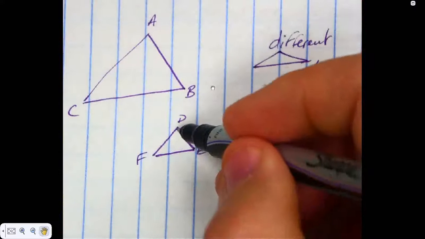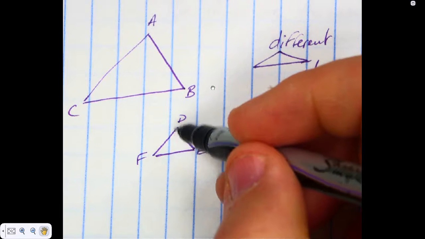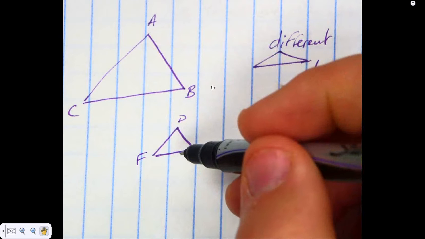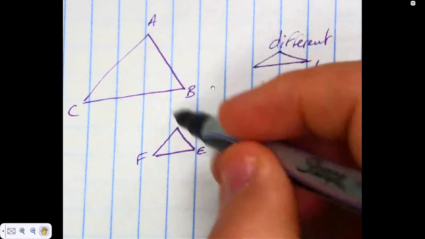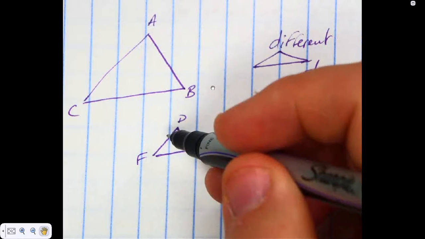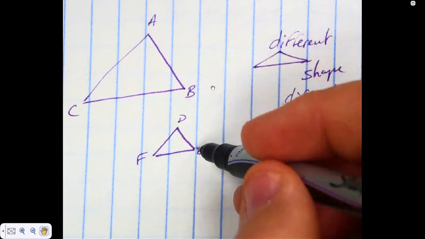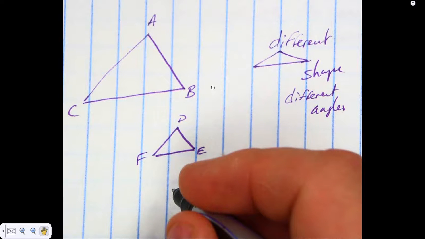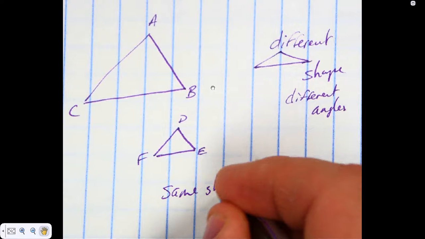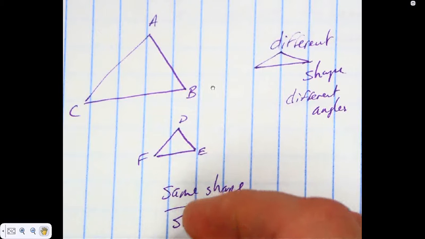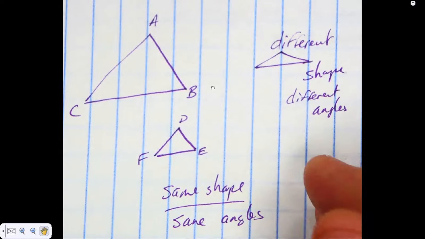Look at angle A and angle D. What do you think about that? Hey, come on, guys. Focus. Stay with me. Do angle A and angle D look like they're about the same angle? Yeah. How about angle C and angle F? How about angle B and angle E? So the reason they're the same shape is because it looks like they have the same angles. And guess what? That's right.